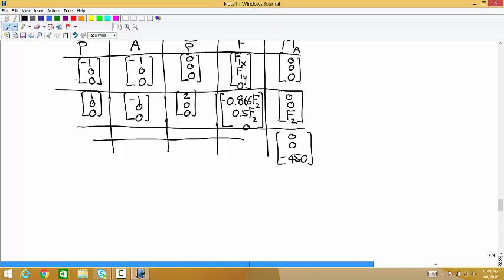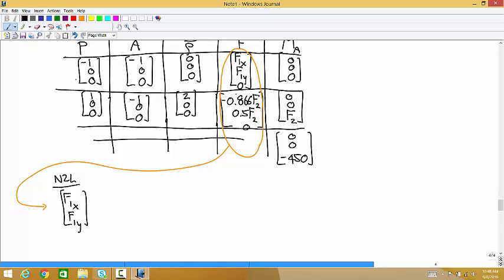And now we have a system of equations we can solve. Newton's second law gives two useful equations. I'm going to just take everything in this column, and that goes into the left side of Newton's second law. So F1x, F1y, the z doesn't give us anything useful. So plus negative 0.866 F2, positive 0.5 F2 is equal to zeros.